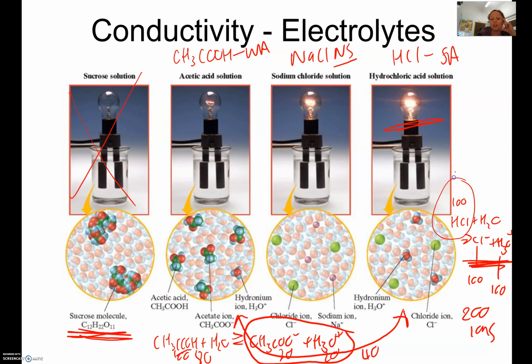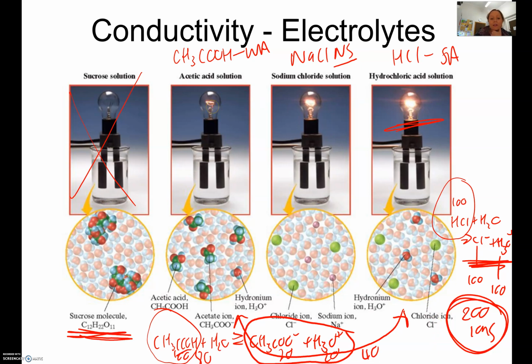And by concentration, I'm using 100 molecules to make it a little bit easier. So I'll just repeat that again. HCl is a strong acid, so it fully dissociates into Cl minus and H3O plus. If we had 100 HCl molecules, that would make 100 Cl minus ions and 100 hydronium ions, which is a total of 200 ions, which is lots, and so it'll conduct really well, and we get a nice bright bulb.